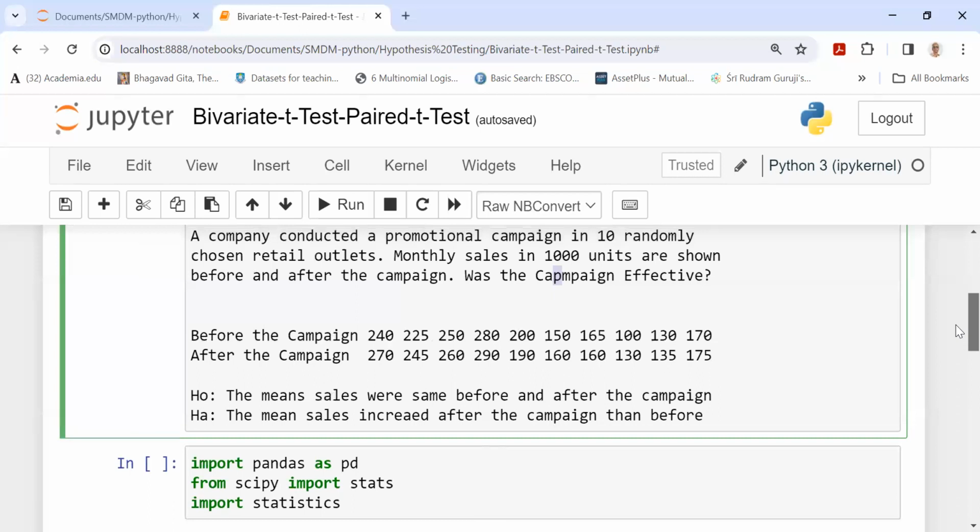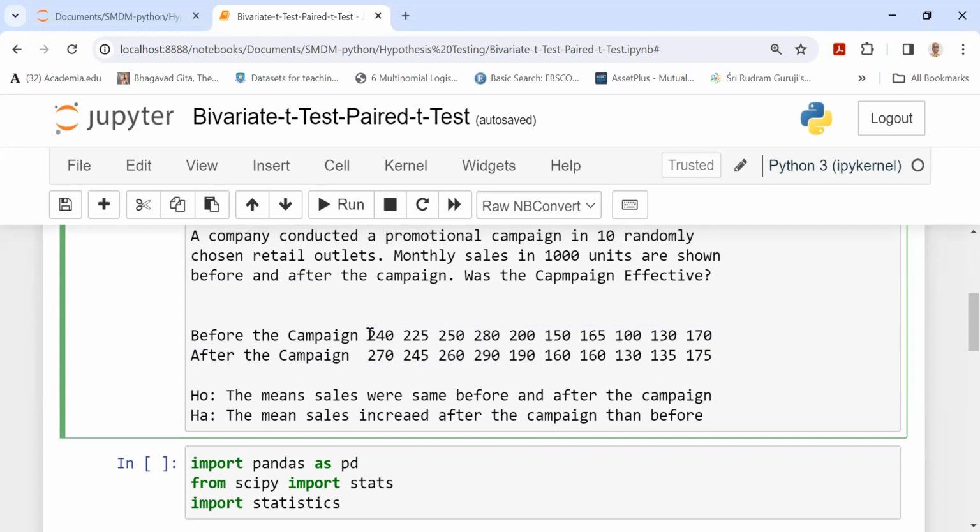We have data on sales before the campaign and after the campaign. And mind you, because it is related population, the sample size in both the groups must be equal. And we have to state that the populations are related in the Python coding.